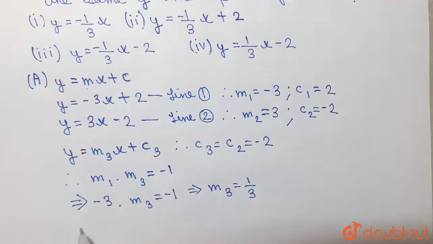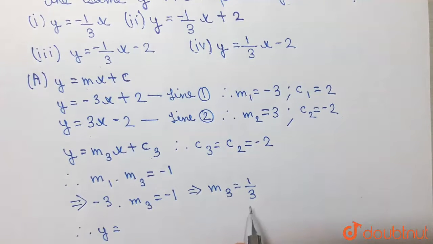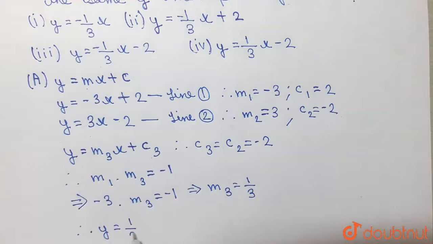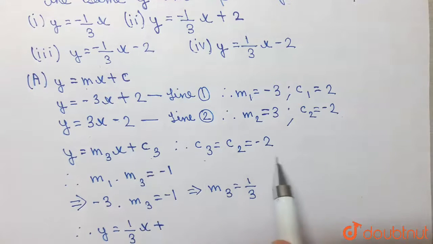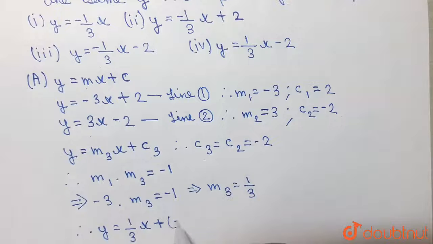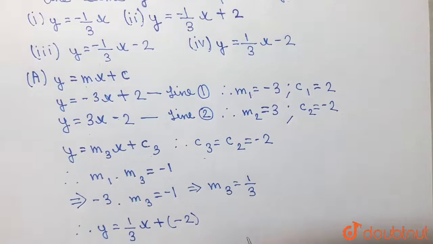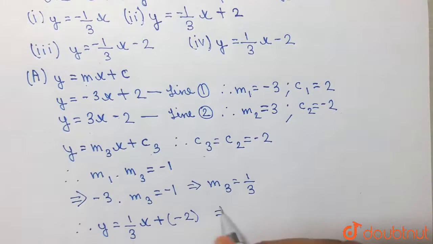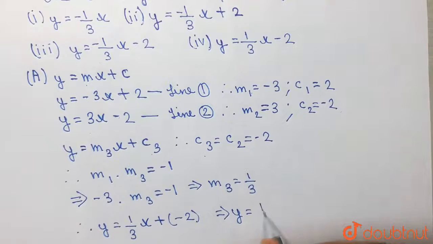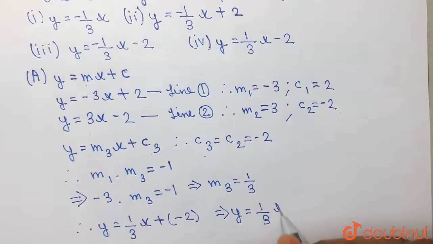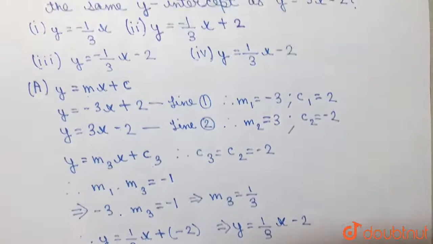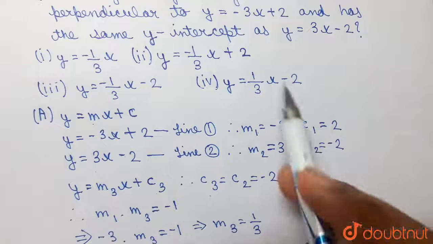So we can write the equation of the line as y is equal to m3x, where m3 is 1 by 3, into x plus c3, where the value of c3 is minus 2. So this is y is equal to 1 by 3x minus 2, and going through the options we can observe that option 4 is the correct option.